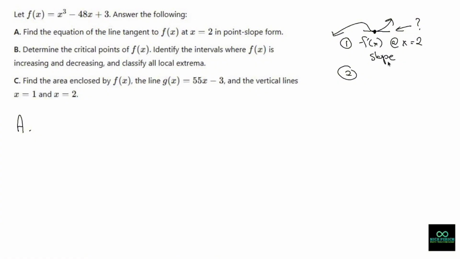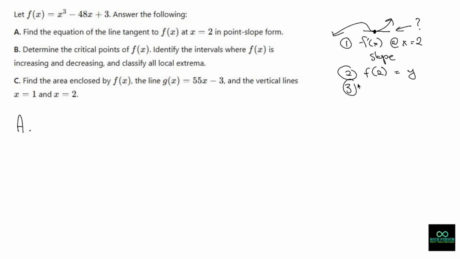This will give us our slope. We have half a point, so the other point is to take f of 2, and that will give us our y value. By the way, yes, f of 2, not f prime of 2. F prime of 2 gives a slope, f of 2 gives us a point.